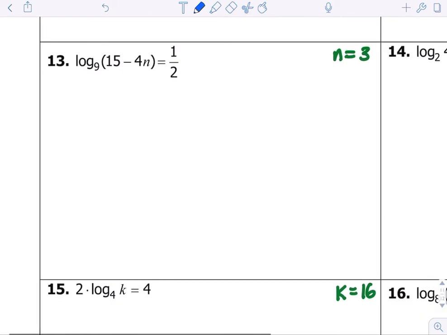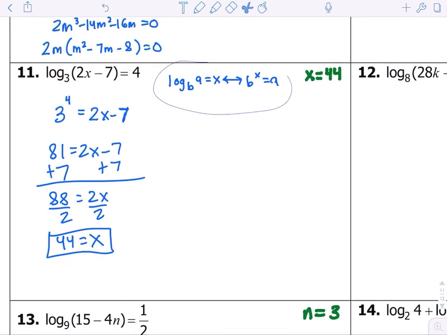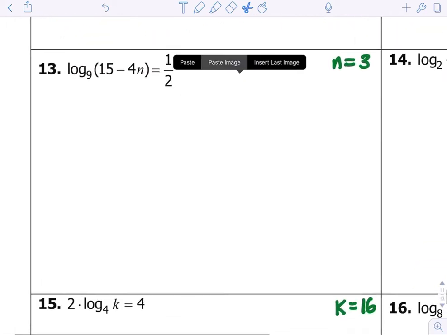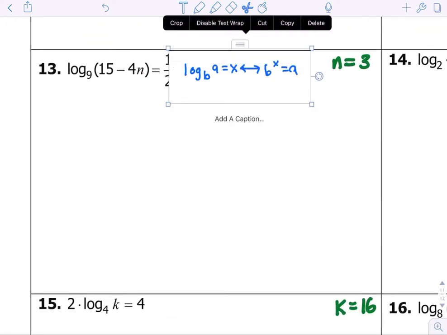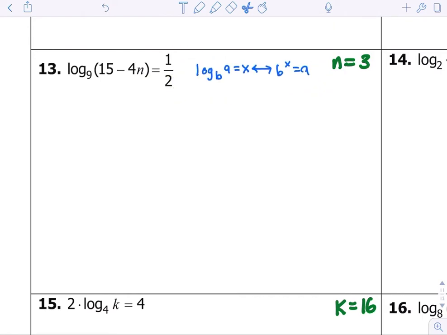Alright, 13. So again, I'm going to drag this down so you know. This is the formula I'm always going to refer you back to, changing it from exponential form to log form. So this is going to be 9 to the 1/2 is equal to 15 minus 4n. 9 to the 1/2, 1/2 is the same thing as a square root.